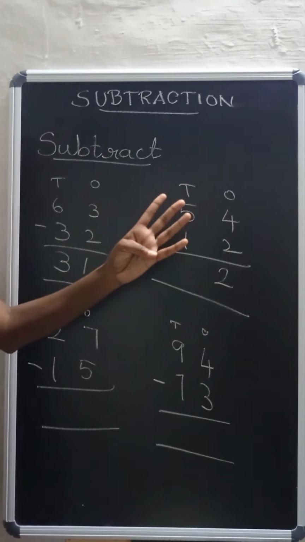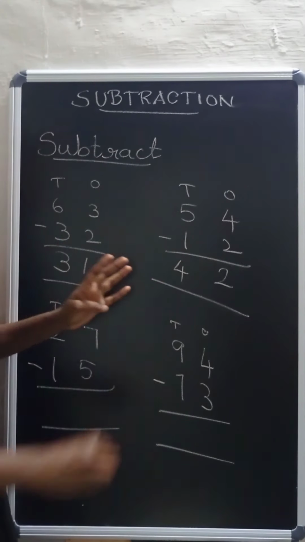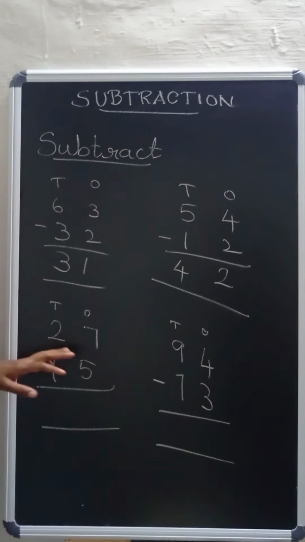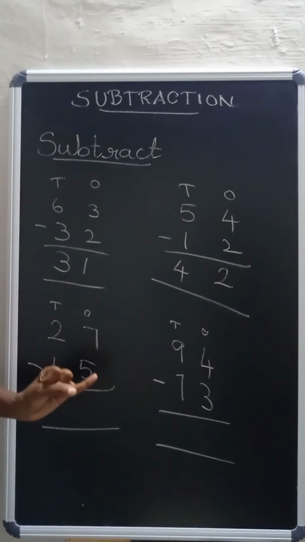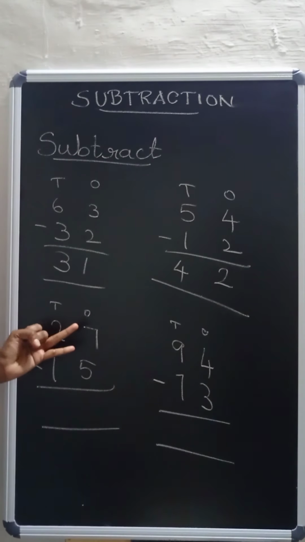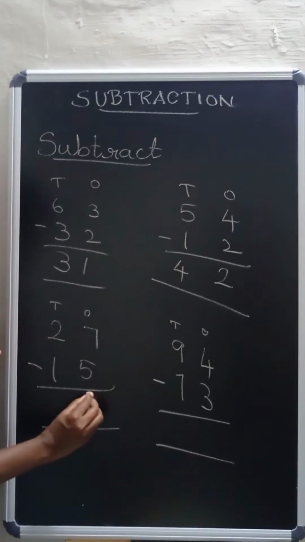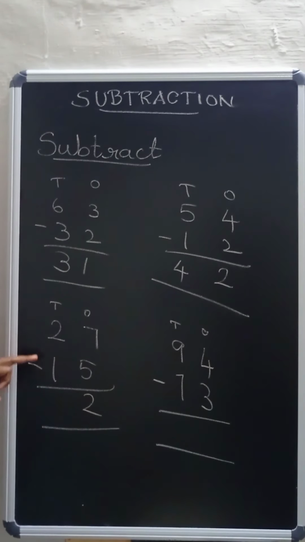So, how many fingers? 4 fingers. So, 42 is your answer. Next, 7 minus 5. Now, after 5, 6, 7. You got 2 fingers. So, 2 is your answer. Now, 2 minus 1. After 1, 2. You got 1 as your answer.